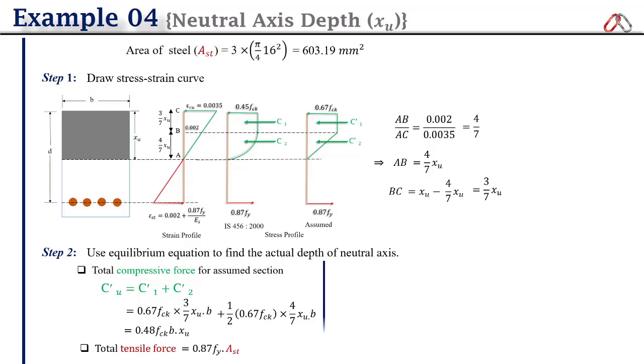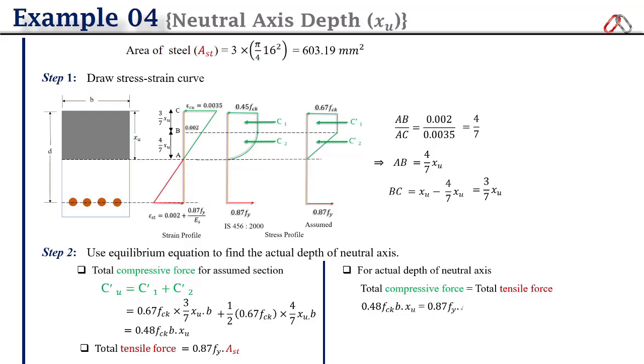So the next step is the actual depth of neutral axis, that is, the total compressive force will be equal to the total tensile force, that is 0.48 FCK B XU is equal to 0.87 FY AST. Here we have to put in all the values that are given in the question: the concrete grade 20 and width 300 into XU.